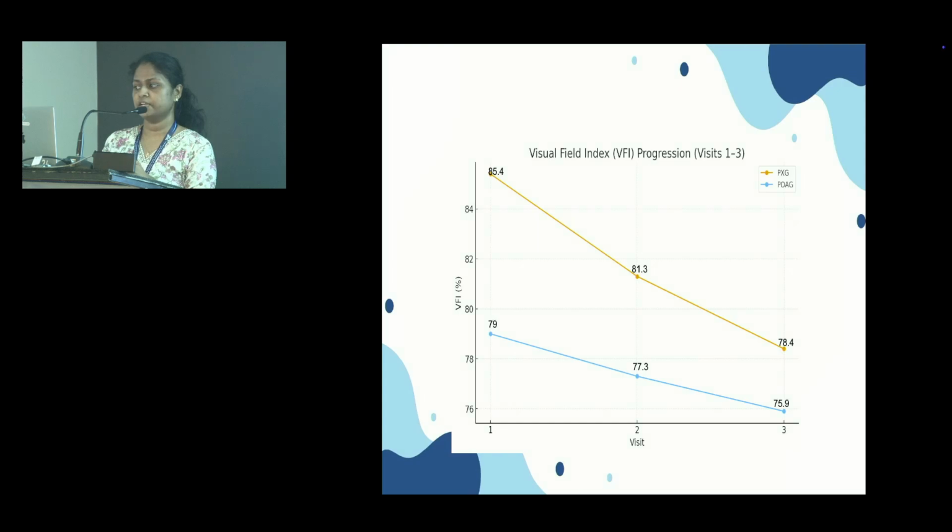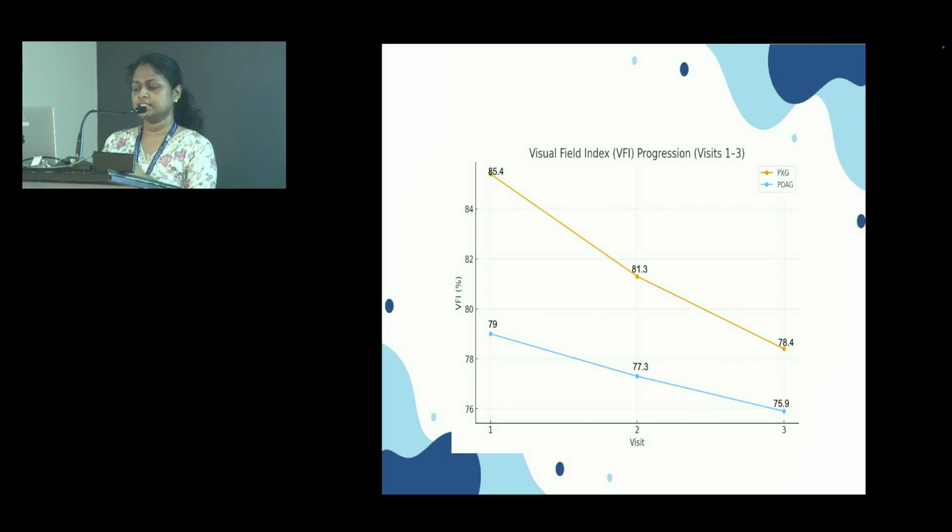In pseudoexfoliation glaucoma, the visual field index deteriorated from 85.4 to 81.3 and then to 78.4. Within the group, it was significant with a p-value of less than 0.001. In primary open angle glaucoma, the value diminished from 79 to 77.3 to 75.9 with a significant p-value of less than 0.01.